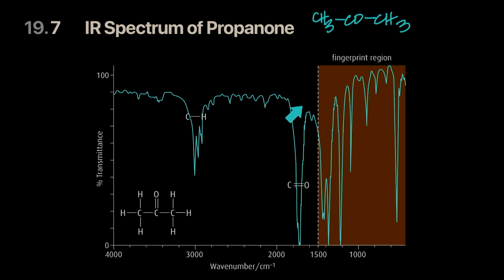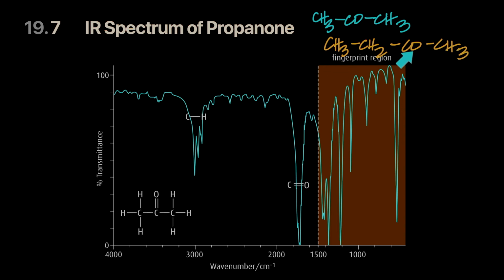But because it was not transmitted, it was completely absorbed by the molecule right here. So the idea being that when you take propanone, let's say butanone would have a very similar graph, because butanone would be CH3, CH2, CO, CH3.